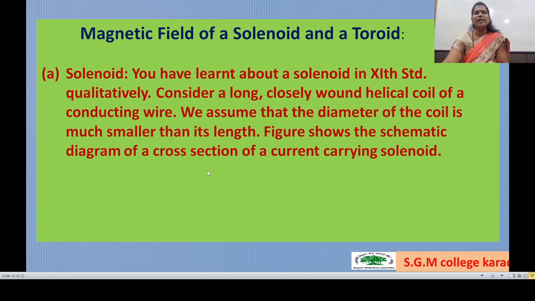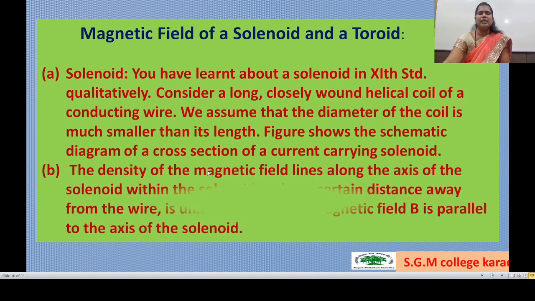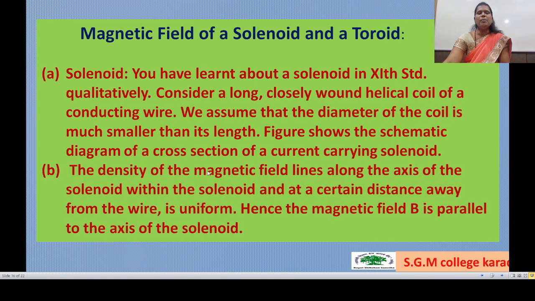Inside the solenoid, at a certain distance away from the wire, the density of magnetic lines is uniform and the magnetic field is parallel to the axis of the solenoid.